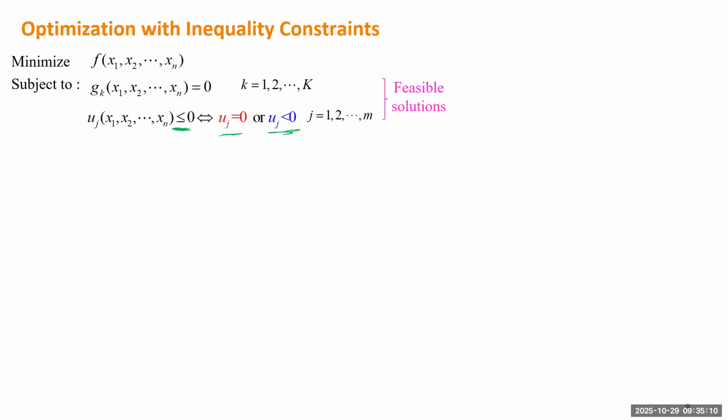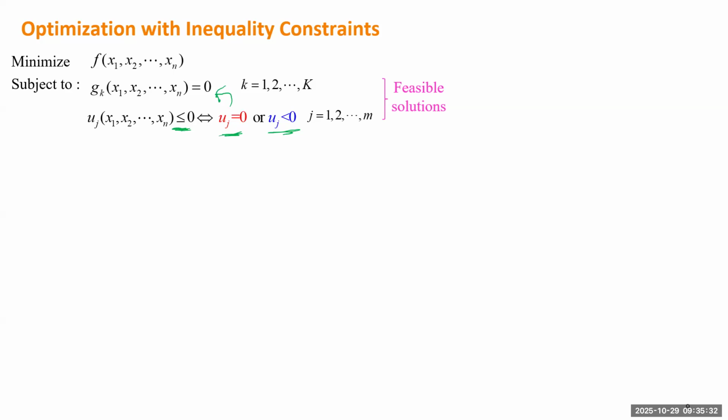So U can be 0 or can be negative. If it's 0, it will be similar to an equality constraint. If it's negative, that will be a requirement. You have to make sure that it can be satisfied.